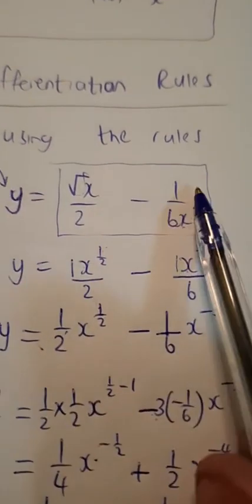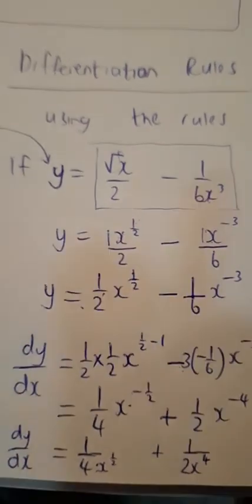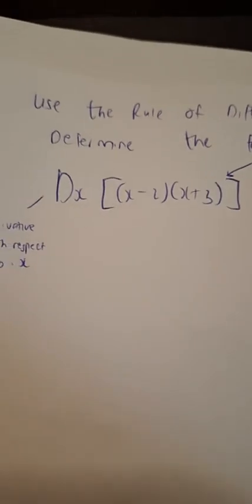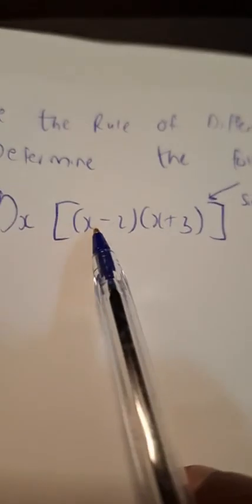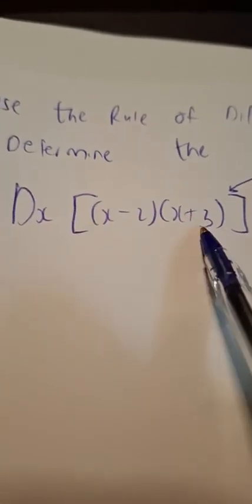the expression. Just like in the same vein, when I had y is equal to, I had to first simplify this thing. So I'm going to simplify, and then when I'm ready to derive, I'm going to show you what happens. As you can see, this is x minus 2 into x plus 3, which means I can still simplify this.